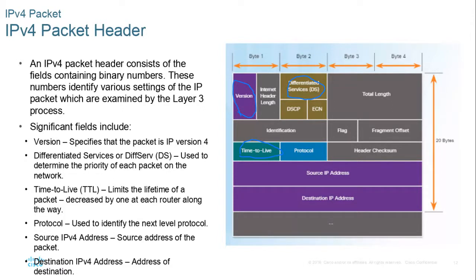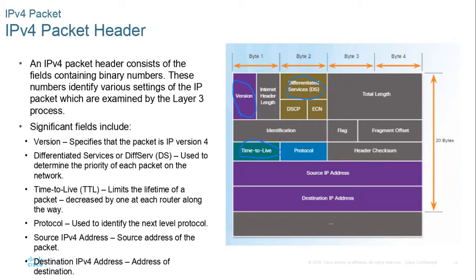If it's still stuck in a loop after some arbitrary number of routers that it's passed through, for example, the RIP routing protocol has a 15 hop count. If you can't be delivered in 15 hops, the time to live counter says, I'm going to have to drop you because you're taking up too much time. There's some problem with the network, a phone line's gone down or something, you can't be delivered. I can't allow you to circulate in this loop forever. I'm just going to drop you.